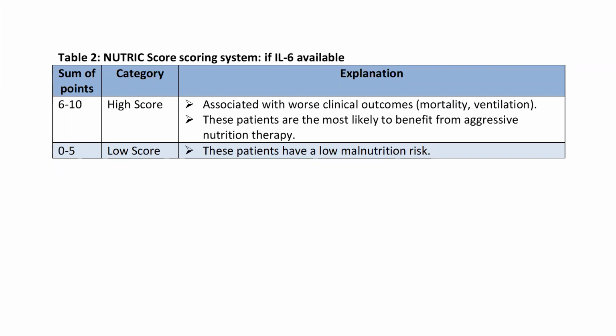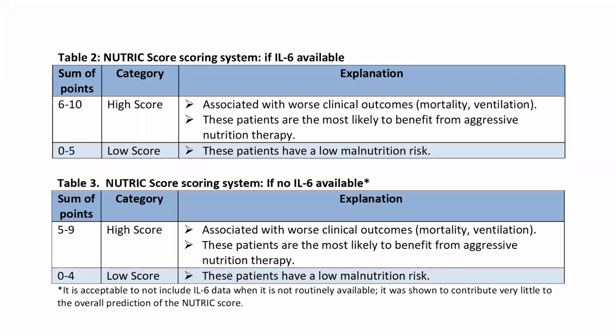So this is your malnourished group. And a score of 0 to 5 is your not malnourished or low malnutrition risk group. In the modified score, removing the IL-6, take 5 as your cutoff, so greater than 5 is at risk for malnourishment, and less than 5, so 0 to 4, these patients have a lower risk of malnutrition.